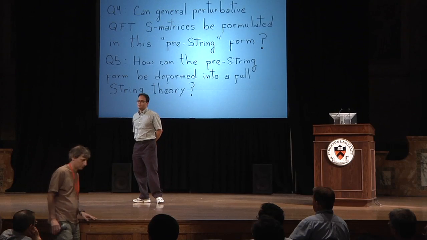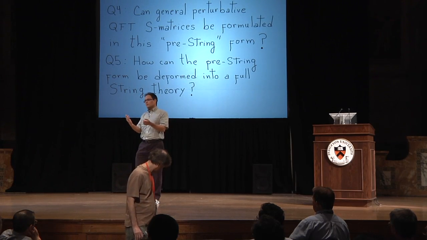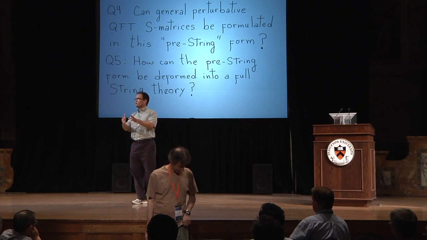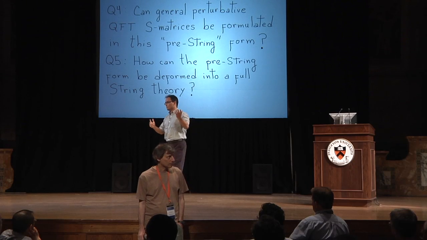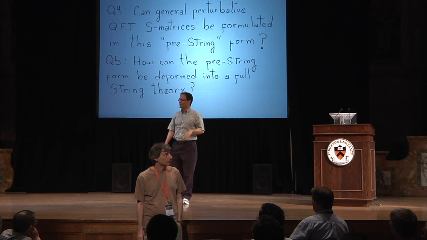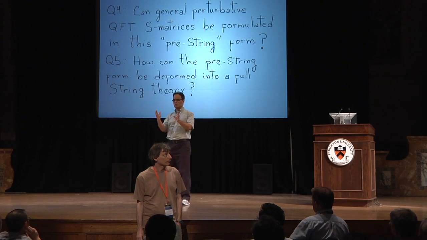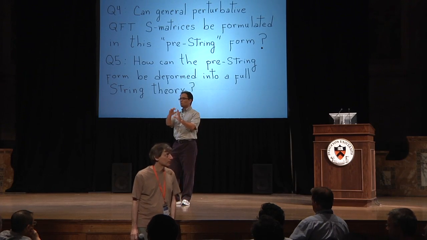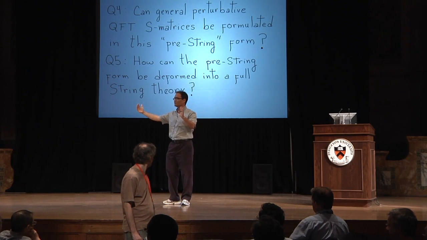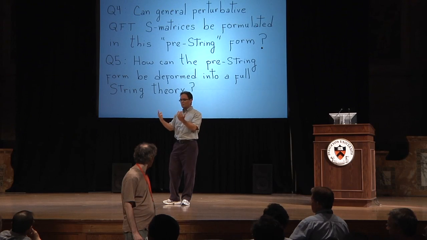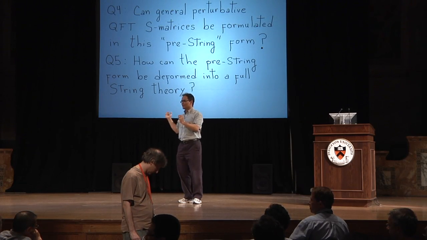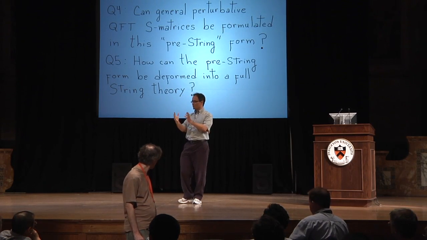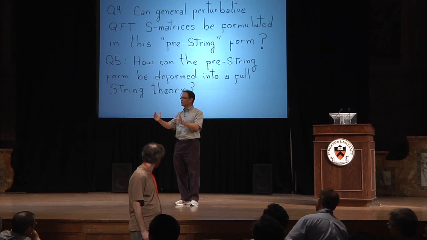Even when you write down a loop amplitude, what do you call the loop momentum? That's an integration variable. It turns out that this loop momentum, as I defined, happens to be the loop momentum of a completely symmetrized integrand. There is a reason I didn't include it in this talk, which is that it's still in the process of being understood.